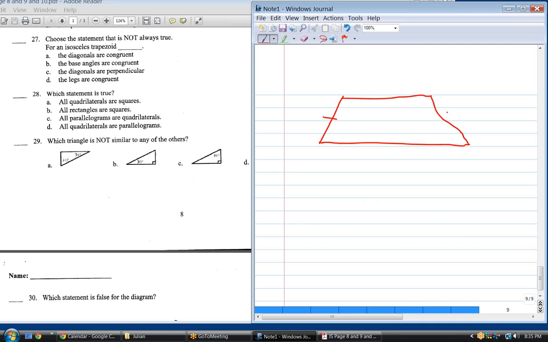In other words, that side's equal to that side. Are the diagonals congruent? Okay, they are. Are the base angles congruent? The base angles being this one and this one. Are the diagonals perpendicular?